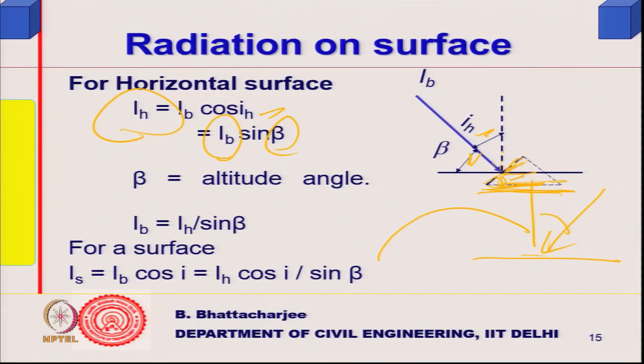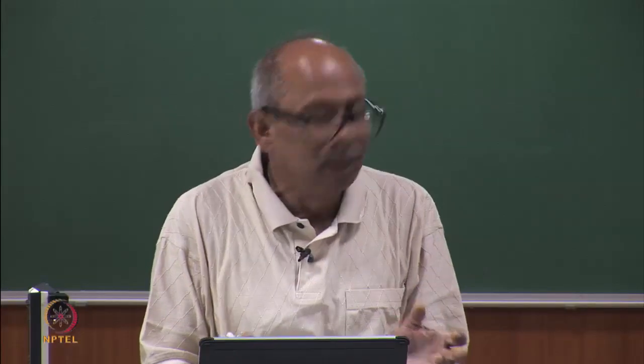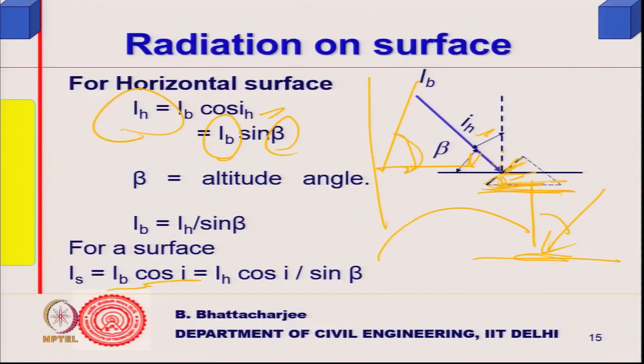If it is a vertical surface, with radiation falling like this and the normal to the surface like this, the incident angle is this one. Even for an inclined surface, the same cosine law is valid. So, IB cos I for any surface; for a horizontal surface the incident angle is IH. Therefore, it will be IB cos I.